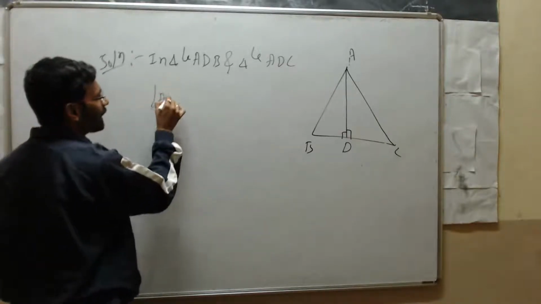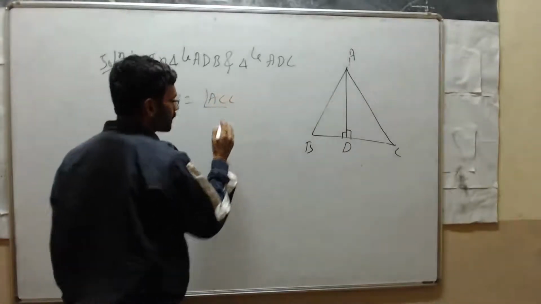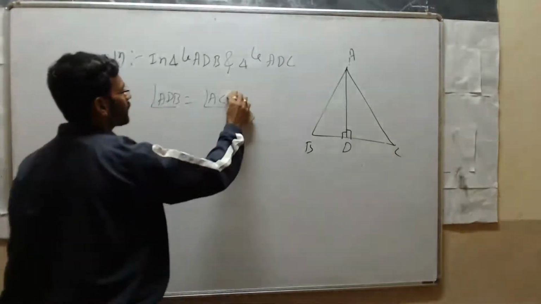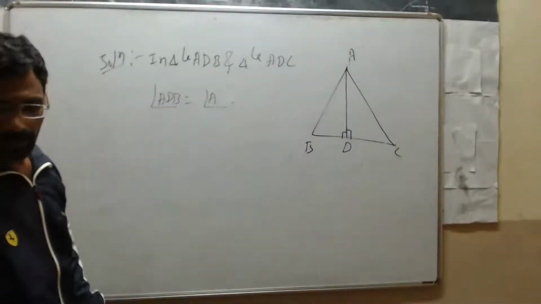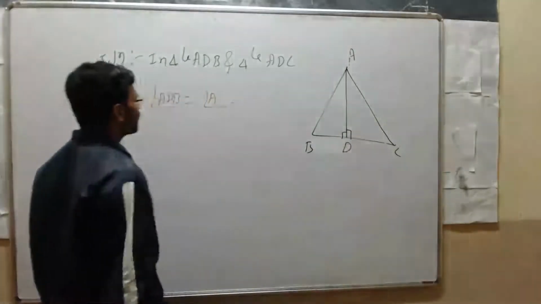Angle ADB equal to angle ADC, because both are 90 degrees, as AD is the perpendicular bisector. Perpendicular means AD is perpendicular on BC. If one is 90 degrees, the other is also 90 degrees.